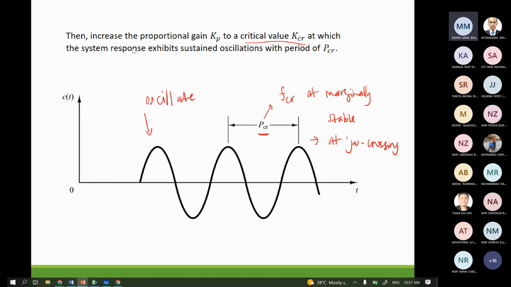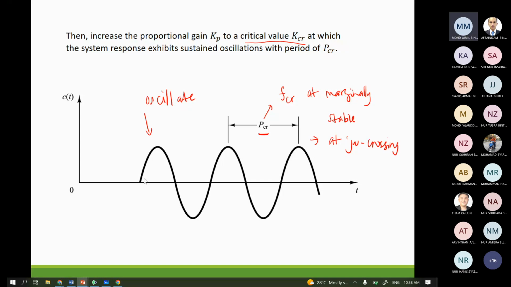Then we increase the value of Kp until a critical value Kcr, at which the system will exhibit a sustained oscillation with a period of Pcr. So we increase Kp until the system oscillates sustainably, meaning that the system becomes marginally stable, which means it keeps oscillating without an increase or decrease in the time response.